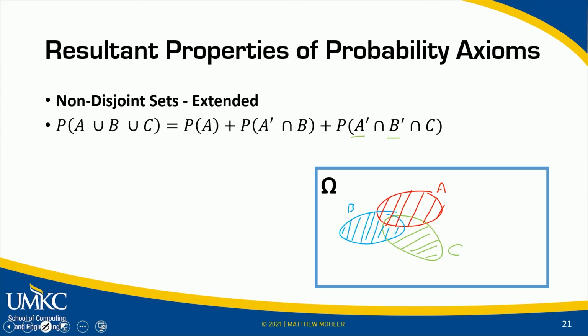But the important thing to note here is that the probability of an event A unioned with that of B, unioned with that of C, is just equal to the probability of A plus the probability of A complement intersected with B, and the probability of A complement intersected with B complement intersected with C. Again, we're basically just eliminating these areas in the middle that are overlapped from being counted more than once.